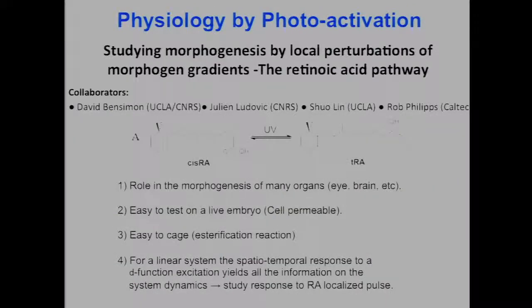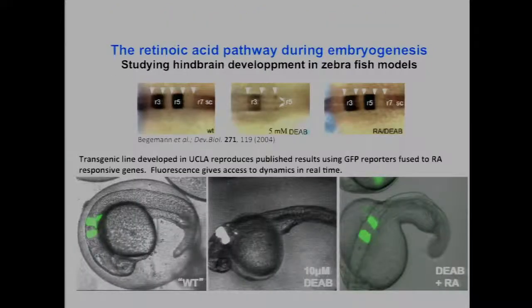What we have used here is the fact that retinoic acid can be isomerized by UV light. The cis-retinoic acid is an inactive molecule. The trans-retinoic acid is the active molecule. People have shown in the past that during the development of the fish, particularly the brain, which like our brain has lobes called rhombomeres, you can see here a normal development of the brain.